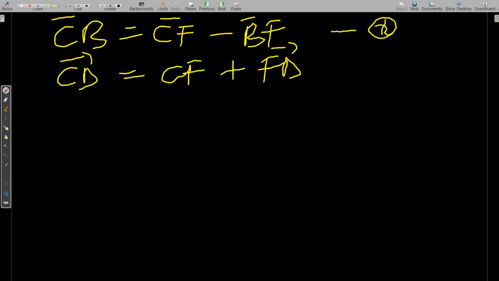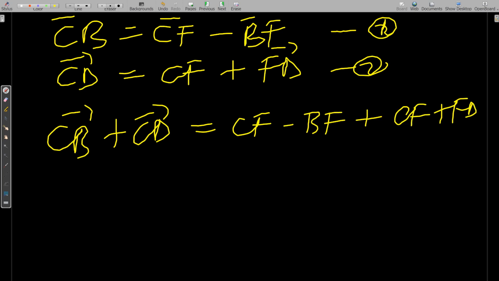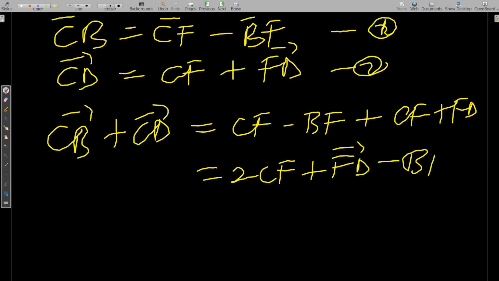Then if I add these two equations, equation 1 and 2, CB plus CD should be equal to CF minus BF plus CF plus FD. This will give me 2CF plus FD minus BF.